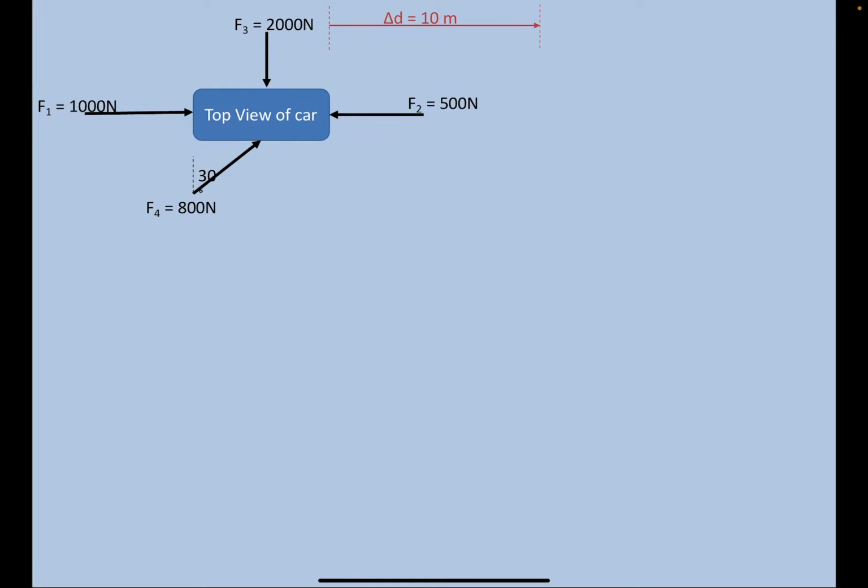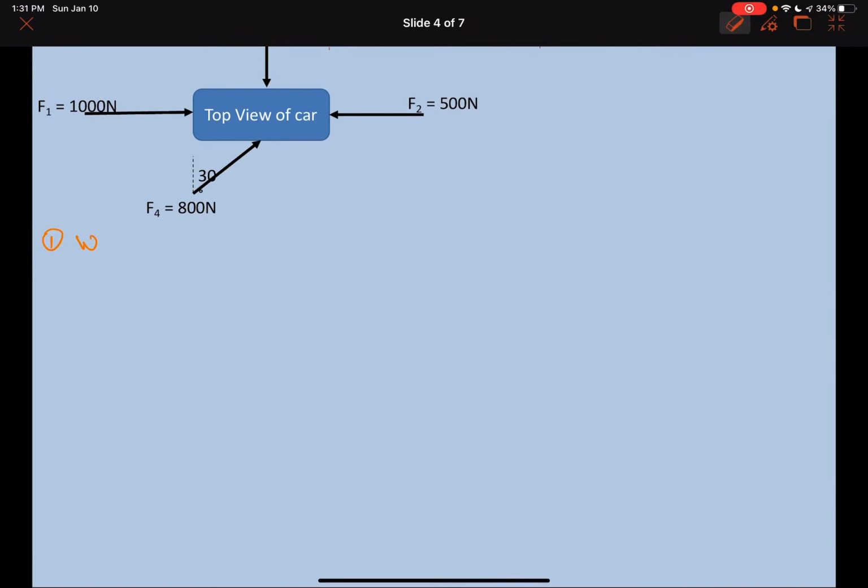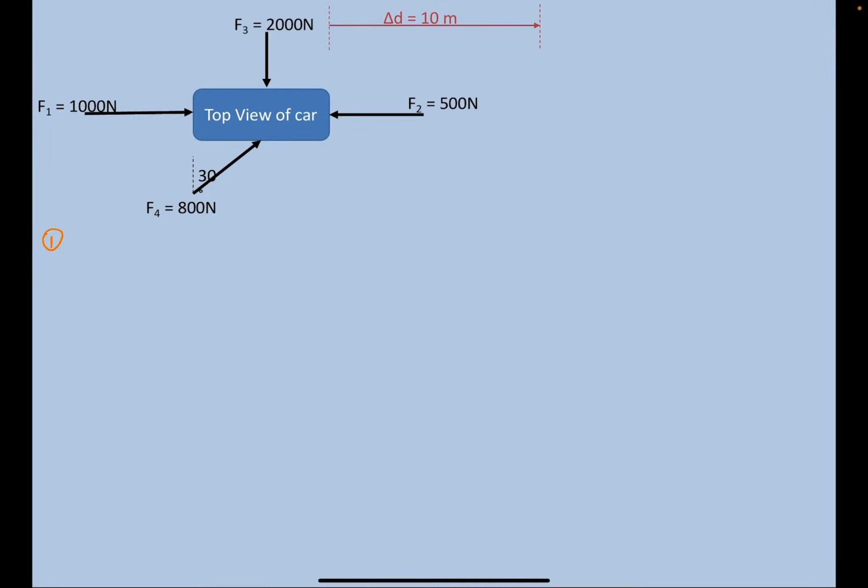Let's look at student number 1. Where is the force? It's right here. I'll just draw the force. And where is the displacement? It's right here. When I put those two tail to tail, the angle in between them right there, theta, is just 0.